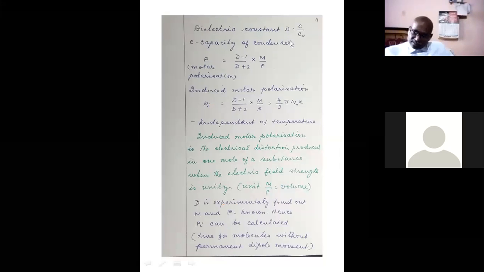So what is the dielectric constant? I have already told you what the capacity of a condenser is. It is the capacity of a condenser when the in-between space between the condenser plates is filled with the substance taken, divided by the capacity of the same condenser with the same area of overlap and the same distance of separation, but with vacuum instead of the material.